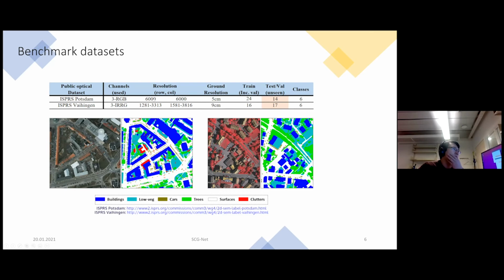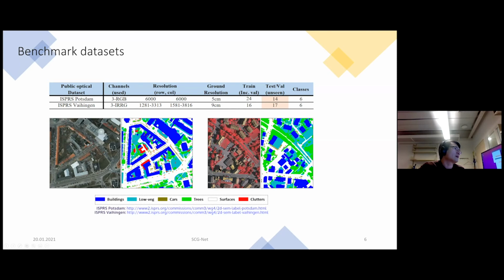For the Potsdam, they have 6,000 times 6,000 fixed resolutions for each image, and it contains 24 training patches and 14 images as the test set. And for the Vaihingen, they have 16 images and 17 as the test.